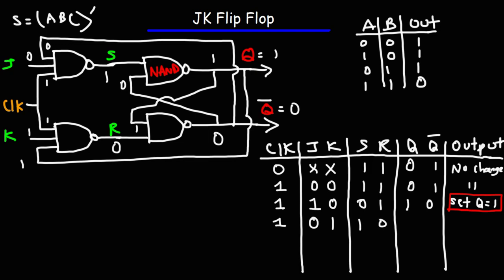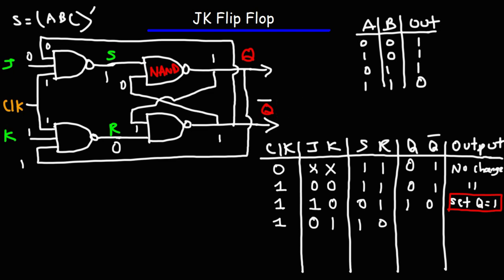So S is 1, R is 0. Now that the values of S and R have changed, the output will change. So at this instant, Q is initially 1. So we have a 1 and a 0. That will give us an output of 1. So that's going to change Q bar to 1. Okay, let's just get rid of the values here so I don't have to write this twice.